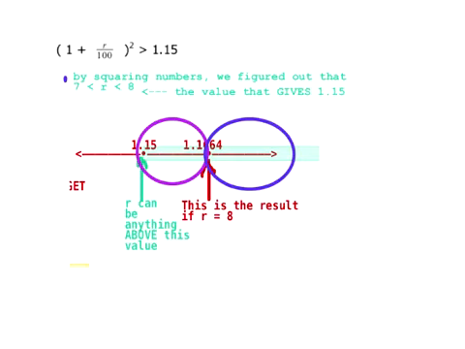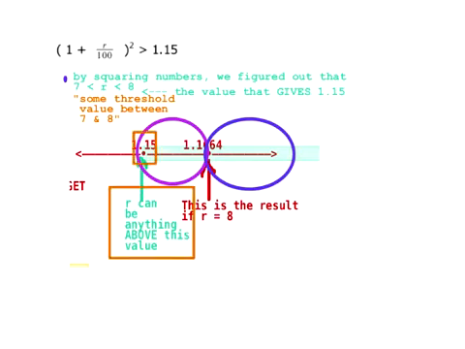The point is that this is actually a single R in that range, some threshold value between 7 and 8. So that would be this value. That's why it's still insufficient.